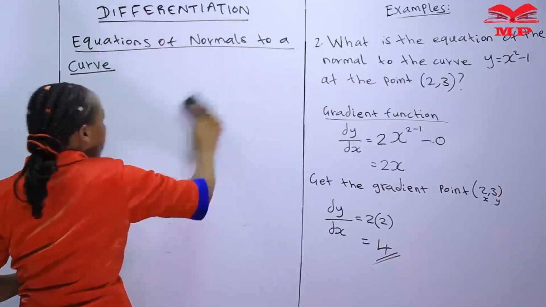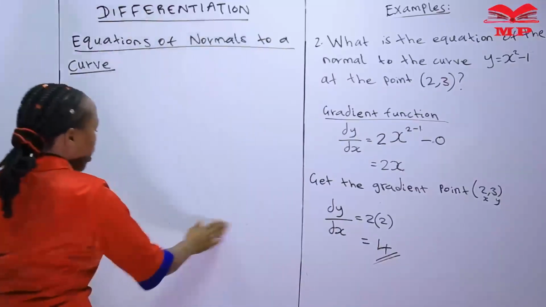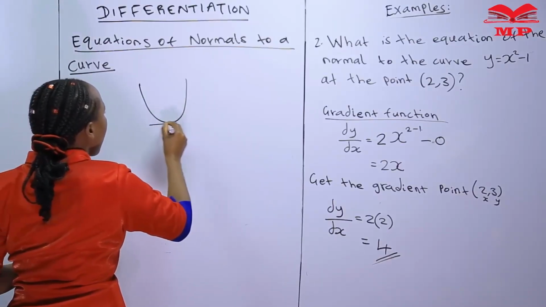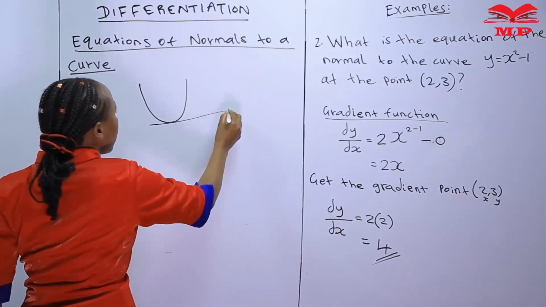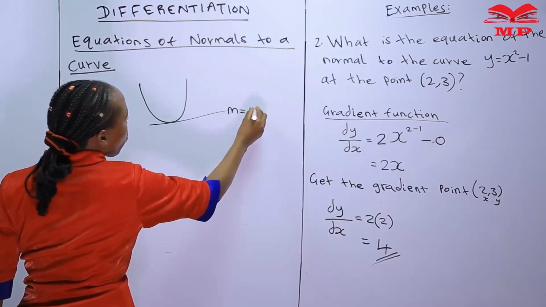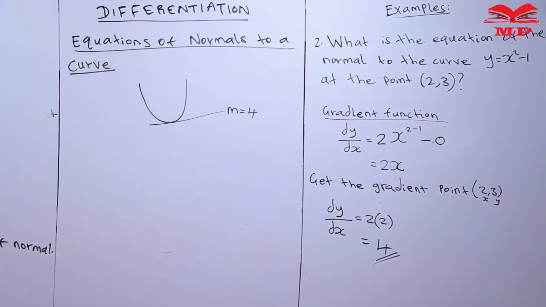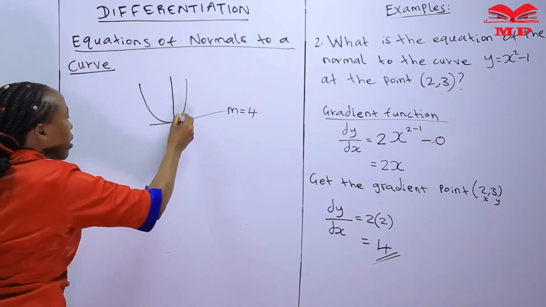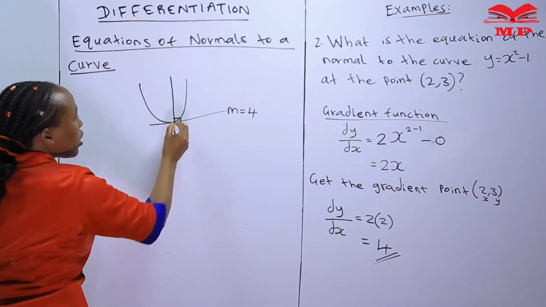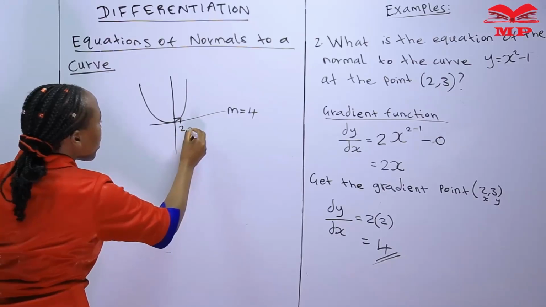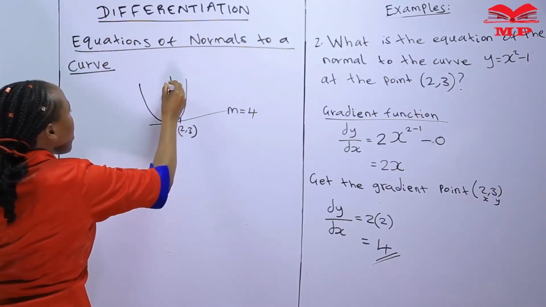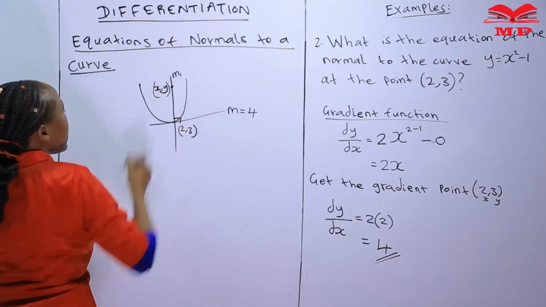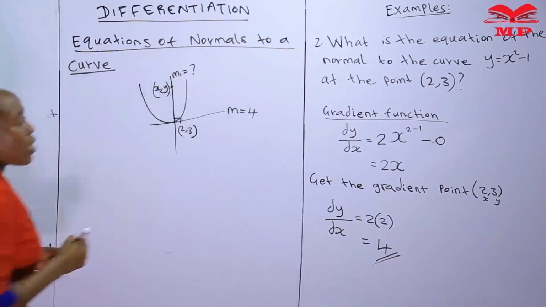So the gradient of the tangent to our curve at this point is equal to 4. And we want to find the equation of the normal. If we have our normal here, we have the point (2, 3). We can take another imaginary point (x, y), and we also require the gradient of the normal.